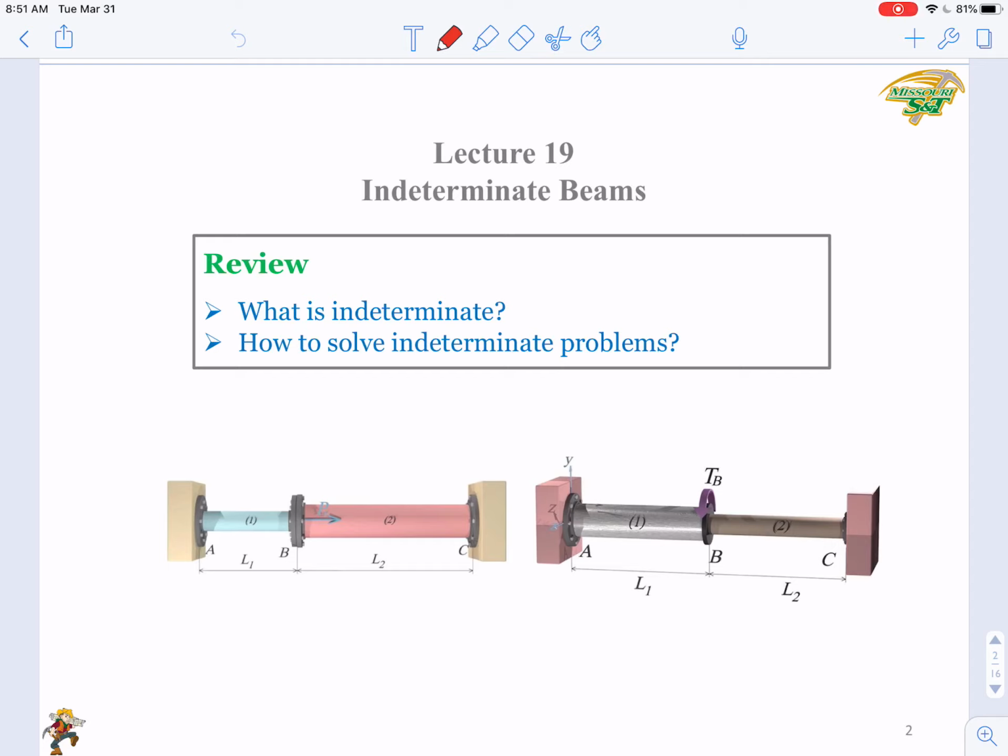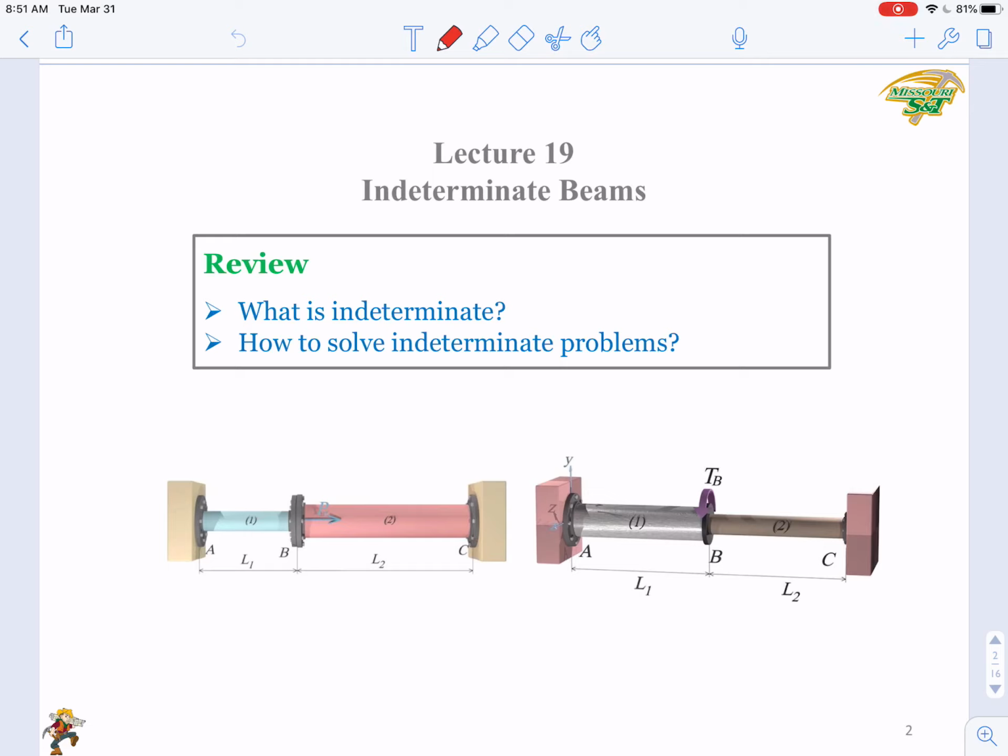If we have more unknowns, more reaction forces or internal forces, than the number of equilibrium equations we can write, that is an indeterminate problem, meaning that you cannot solve the internal or reaction forces simply based on equilibrium equations.